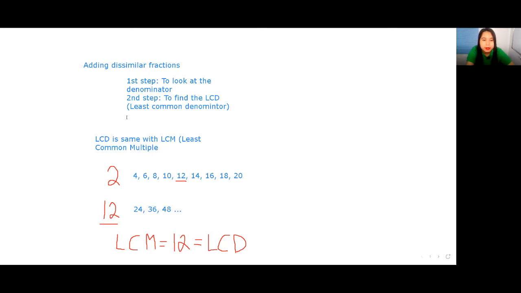Then the third step is to copy the new denominator, which is the LCD. Now that we know the new denominator, let's proceed to the fourth step.